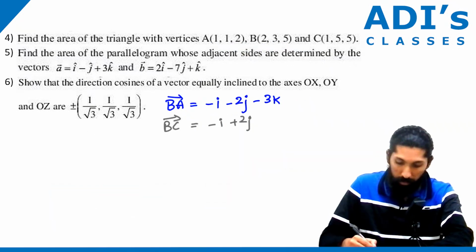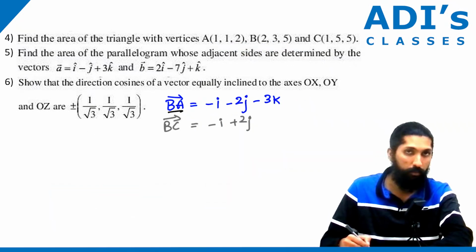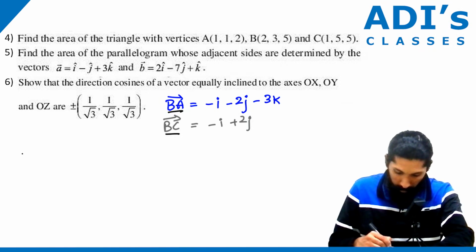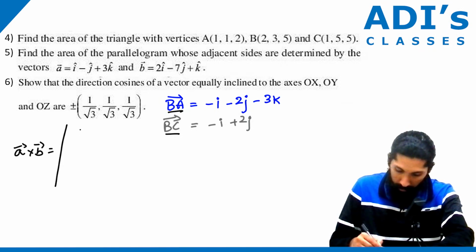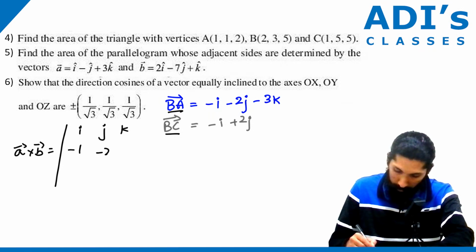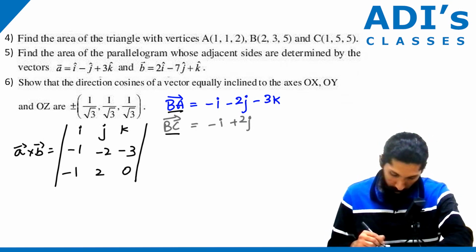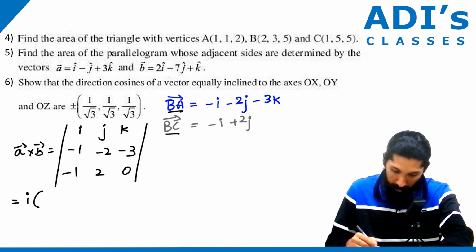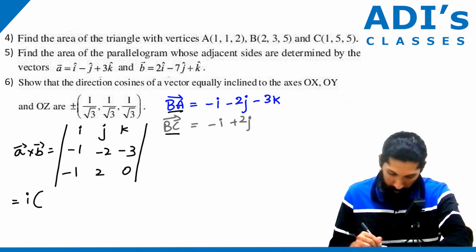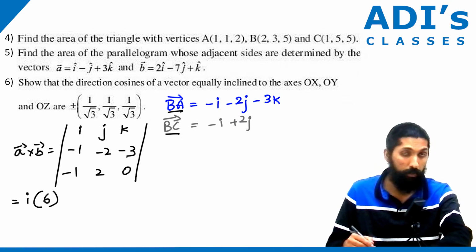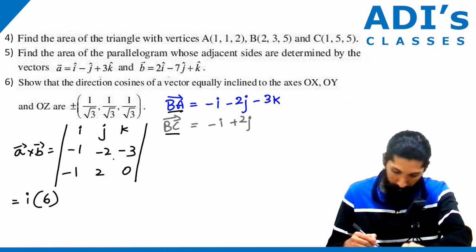Cross product. So guys, let's call this as A and B, okay? A and B vector. So A cross B is equal to determinant of I, J, K; minus 1, minus 2, minus 3; minus 1, 2, 0. Okay. So this becomes I times 0 plus 6, because minus 2 into minus 3, right?